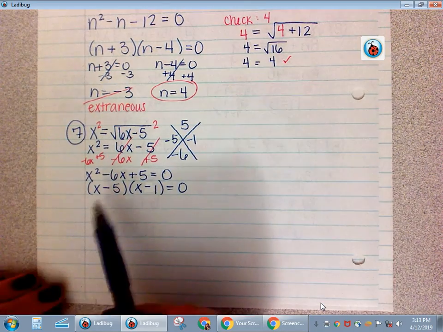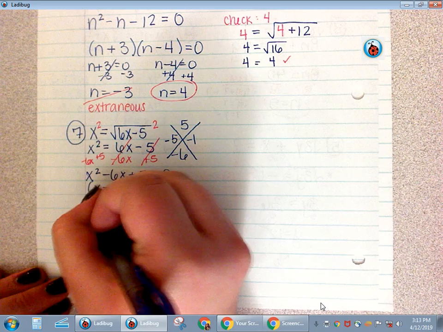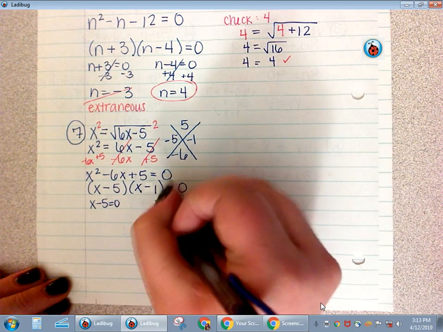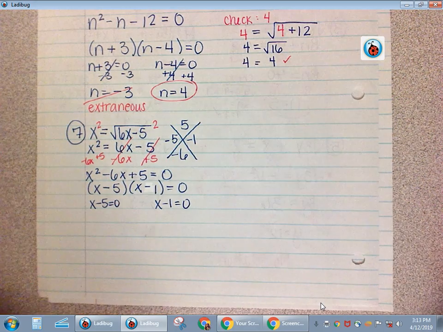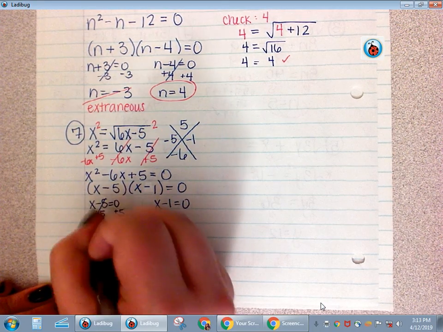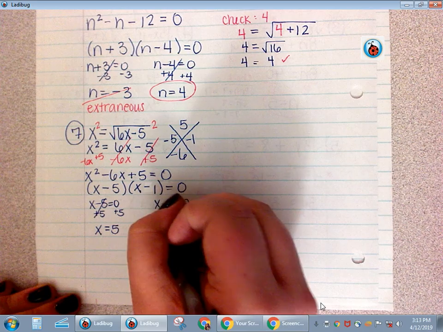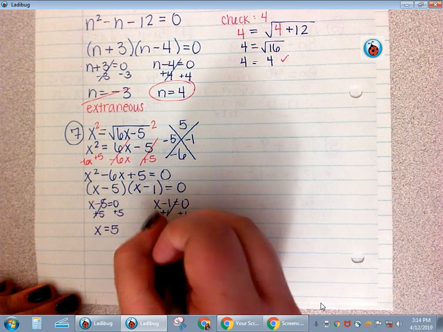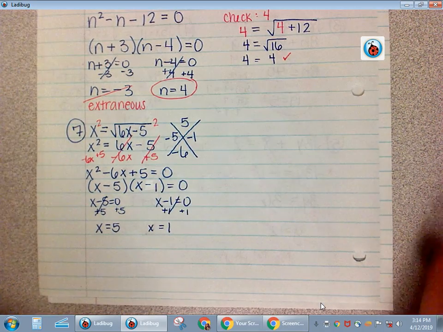So just like in the last one, either this piece was 0 or this piece was 0. And I can solve on each of those. So either x was 5 or x is 1.